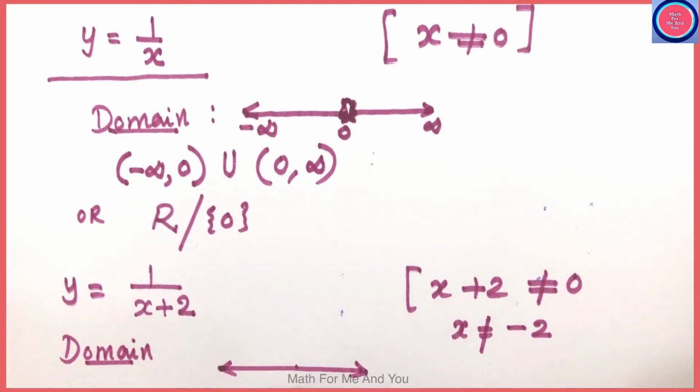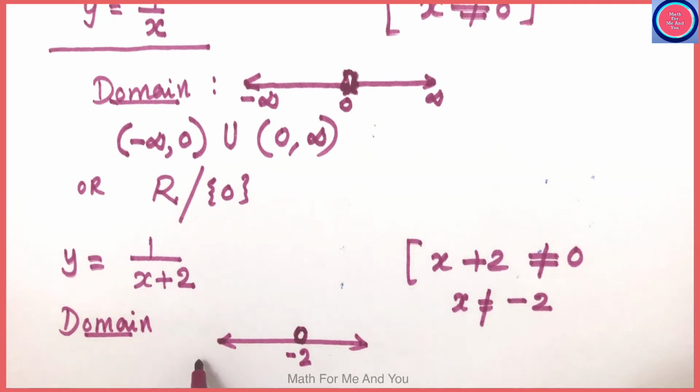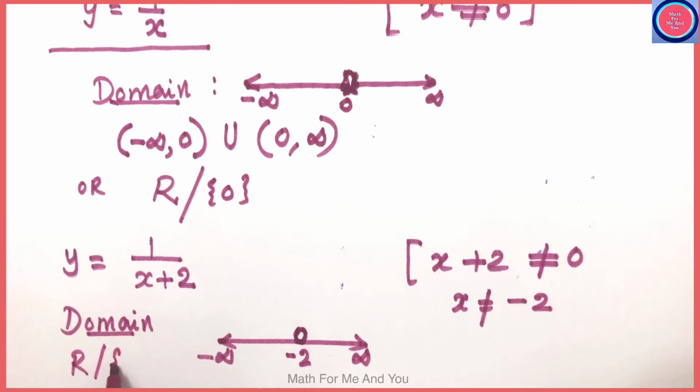Draw the number line. Now we put the number minus 2 in the middle, and we open that portion, minus 2, that part is open, and x takes all the negative numbers up to minus 2, and from minus 2 up to positive infinity. That means R cut the number minus 2.